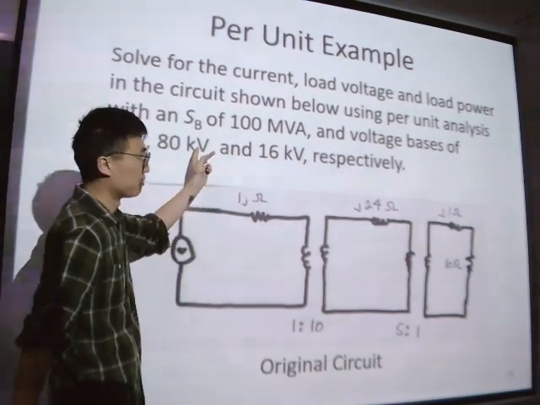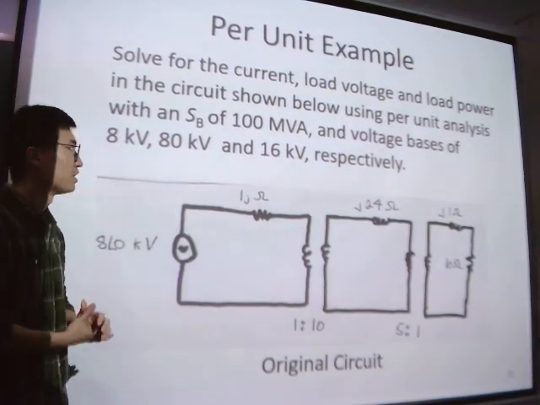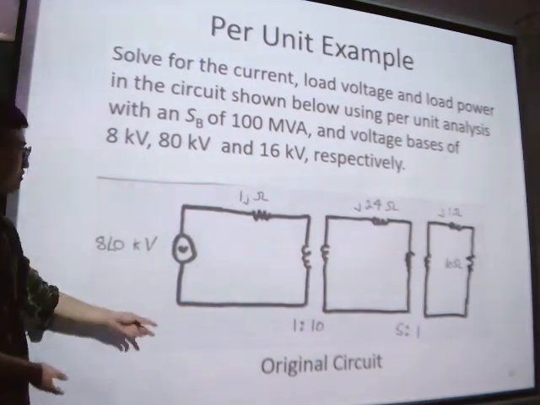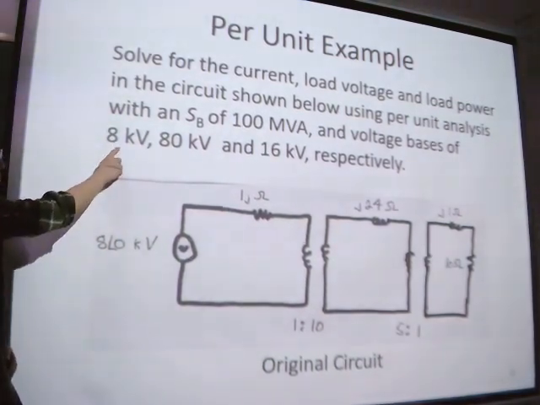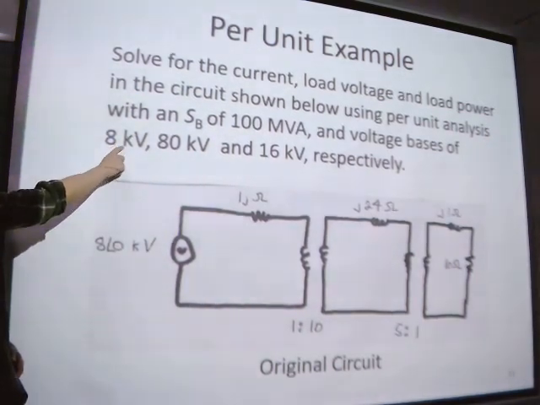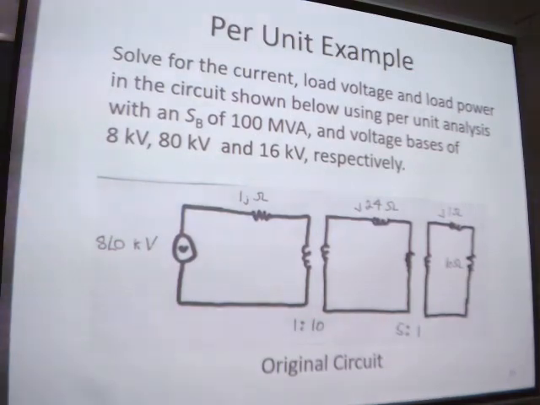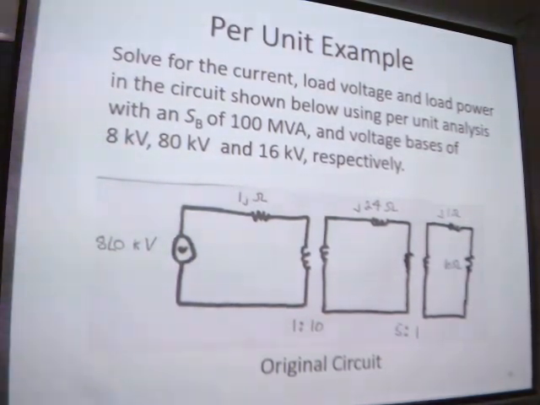This is the actual value, but we will use it as a base, okay? So for example, if we have 2 PU on this primary side, what is the actual value? The voltage will be 2 PU, with the kV as the base. How much will the voltage be?